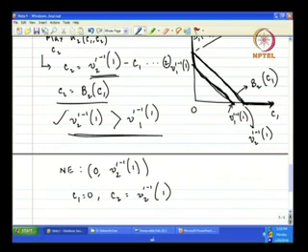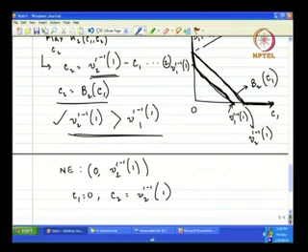So, why is this happening? This is happening precisely because if we take this case, that is V2 dashed inverse of 1 greater than V1 dashed inverse of 1, that means the worth of the public good to player 2 is more than the worth of the public good to player 1.